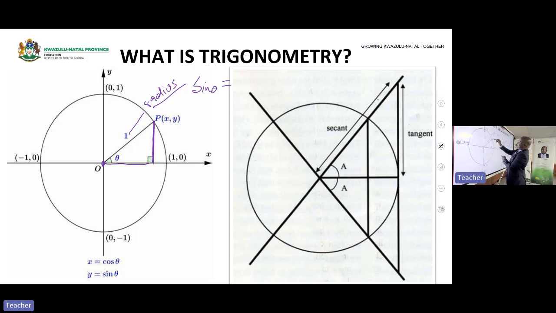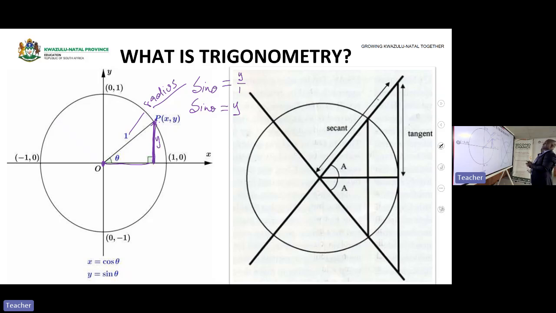It will be given by opposite over the hypotenuse, which is y over 1. So the height of this, sine of theta, will be y. So the distance of this will give us the measurement of this height.